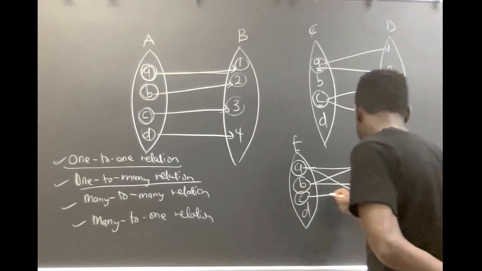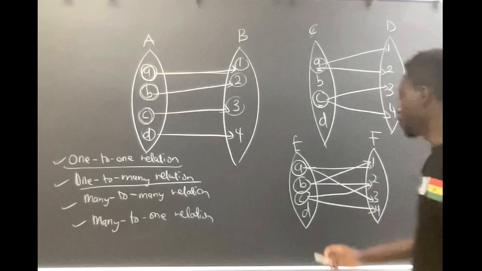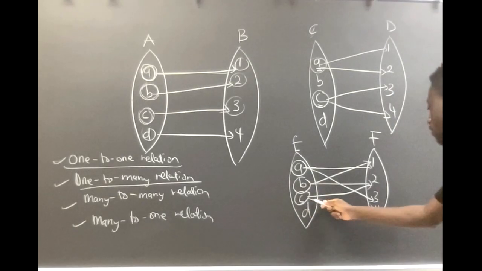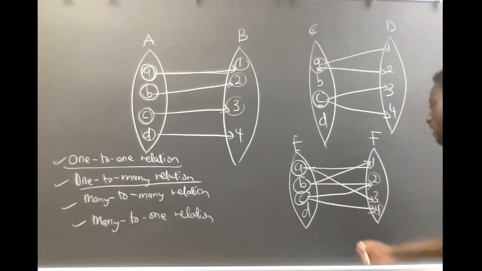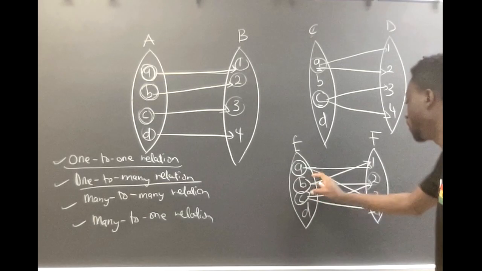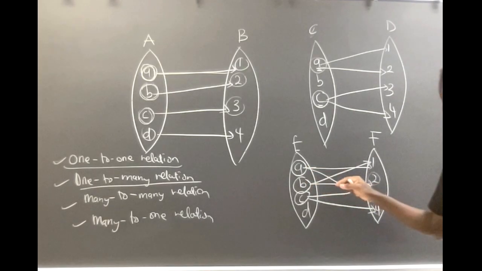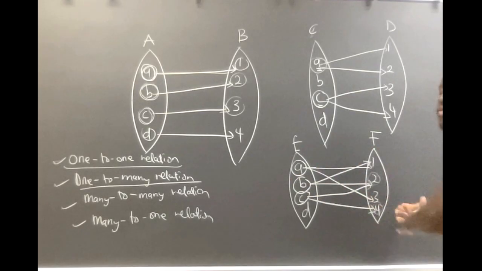So we have this element C connected to both this element 2 in F and then this element 4 in F, right? And then we have multiple of these elements in E connected to the same thing, right? So it's many to many. Many of them are connected to many different elements.